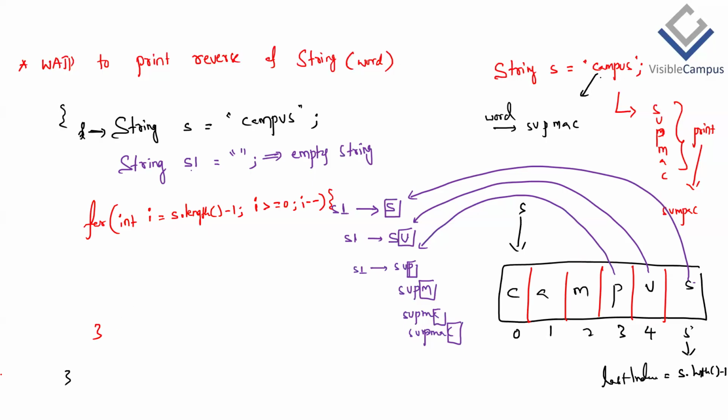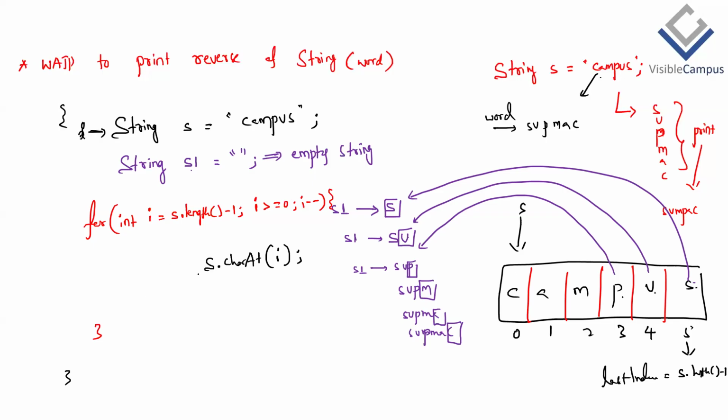Correct? So after this, what are we supposed to do? We have to use the character of each character of the string by using this index i. What will be picked? First s, then u, p, m, a, c.